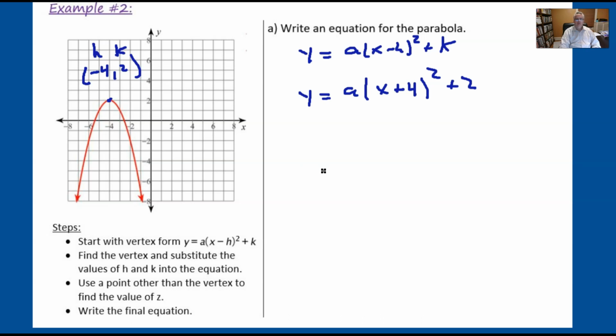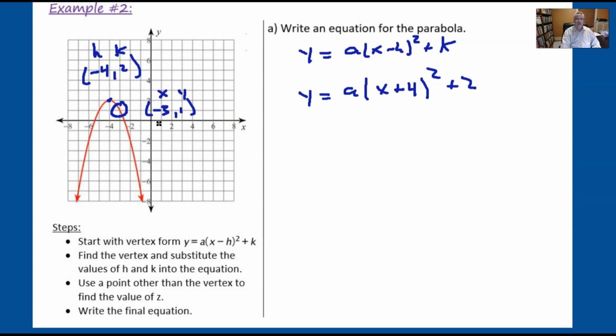All right, let's pick a point. I go along here and see no points I'm really crazy about, but I see this one here. The parabola goes through -3, 1.